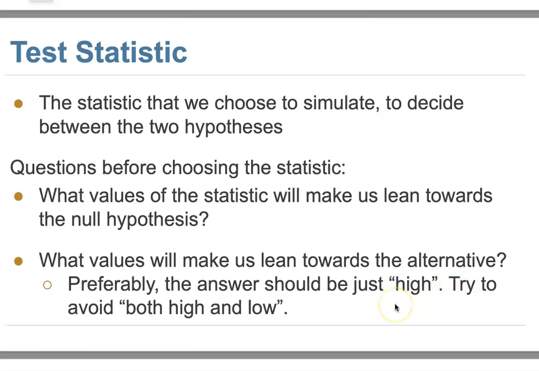For example, if it can be either too low or too high, we can try to find the distance from our hypothesis. You need to avoid checking both directions. We want just one direction to compare our observed data and our simulation.